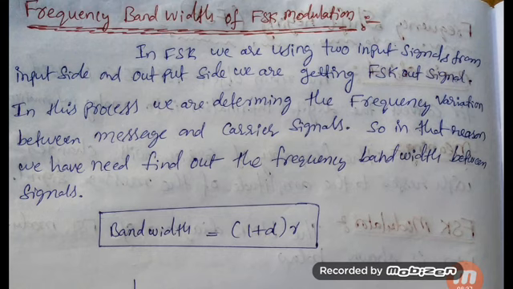In this process we are determining the frequency variations between message and carrier signals. We apply the carrier and modulating signals on the input side, and on the output side we get the FSK output signal.